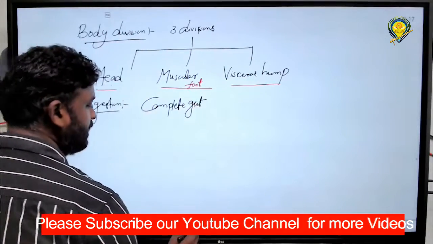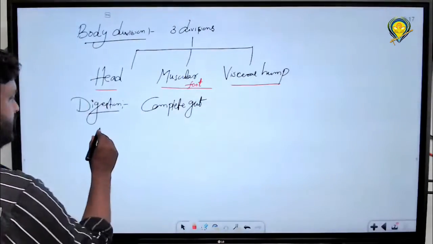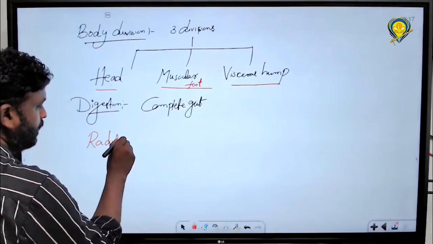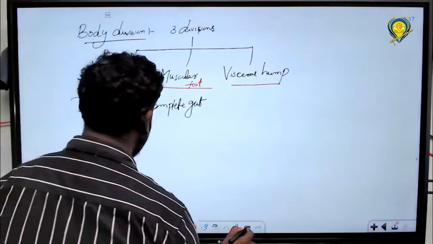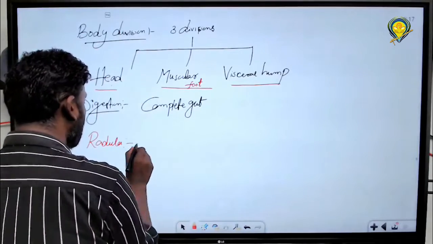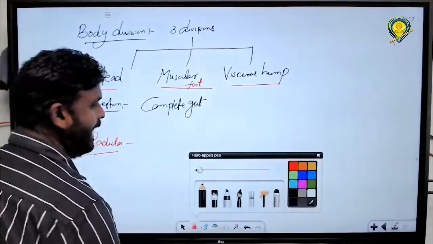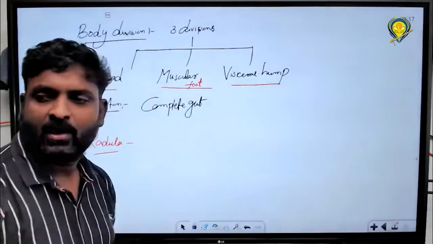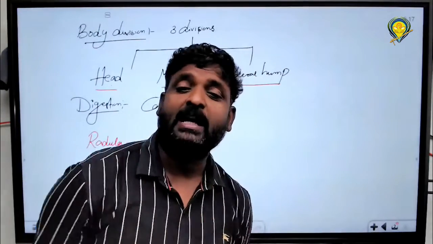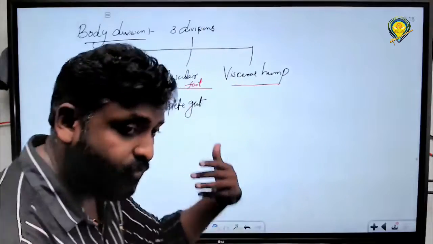Complete gut animals, right? And the next one, the special one in this, is the radula. Radula is a file-like rasping organ which helps in collection of food in mollusks, right?